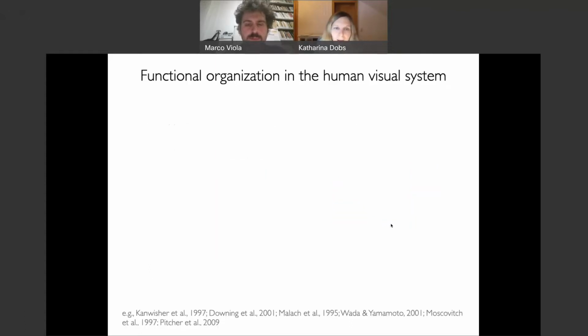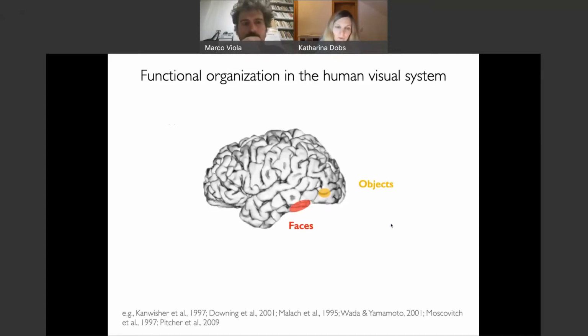Another finding that we know about is the functional organization in the human visual system. What I'm referring to here is that it's not just that there seems to be an area that's selectively processing faces, but there even seem to be areas responding to other categories, areas more processing objects or bodies or scenes. But importantly, these areas seem to be functionally segregated.